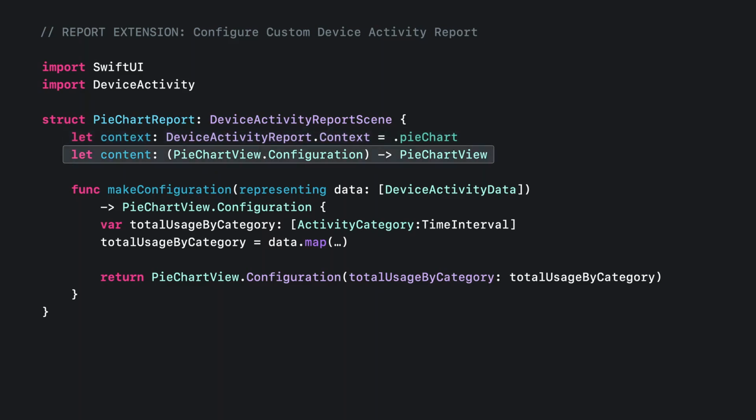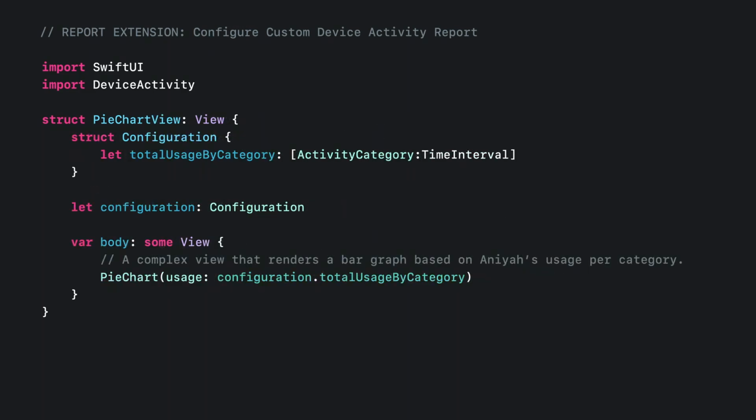Our content defines our custom configuration, PieChartView.Configuration, as well as the resulting SwiftUI view for this report. Then, inside of makeConfiguration, we will map over a NIA's device activity data in order to hydrate our pie chart view's configuration. The framework will invoke makeConfiguration whenever new usage data is fetched, so you do not need to invoke it yourself.